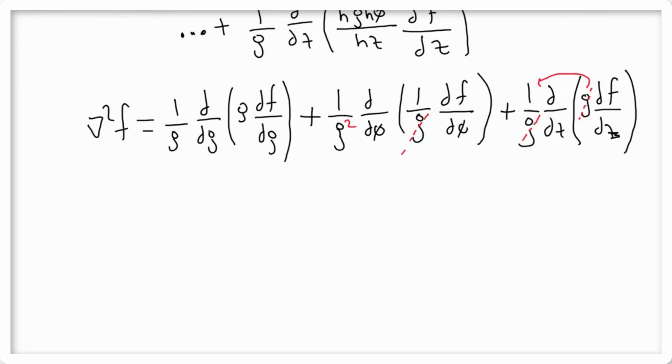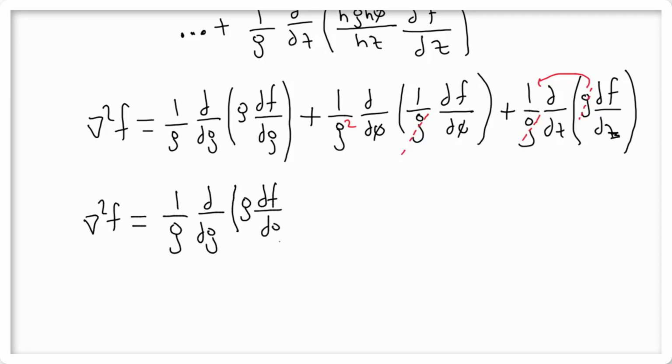Okay. Finally, ∇²f is equal to 1 over rho ∂/∂rho of rho times ∂f/∂rho, plus 1 over rho squared ∂²f/∂phi², plus ∂²f/∂z².